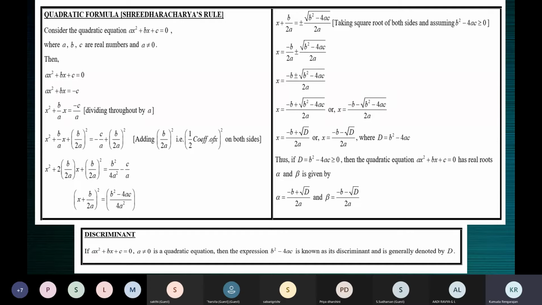They refer to the same numbers. We say alpha and beta are the zeros of a quadratic polynomial, alpha and beta are the roots of a quadratic equation, but it is also used interchangeably. So this is about the quadratic formula.